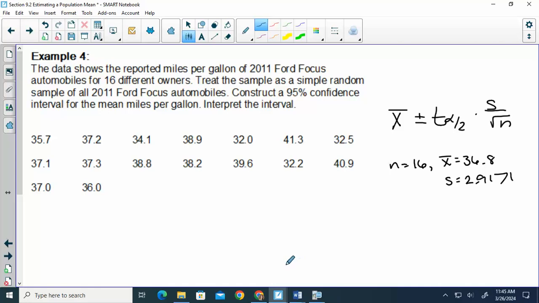All right. Now we need the T alpha over 2. So if we are doing 95%, that means 95% is in the middle. So we have 5% left over, so how much would be on each side? 0.05 divided by 2, so 0.025. So we need to look up T of 0.025. How many degrees of freedom do we have?